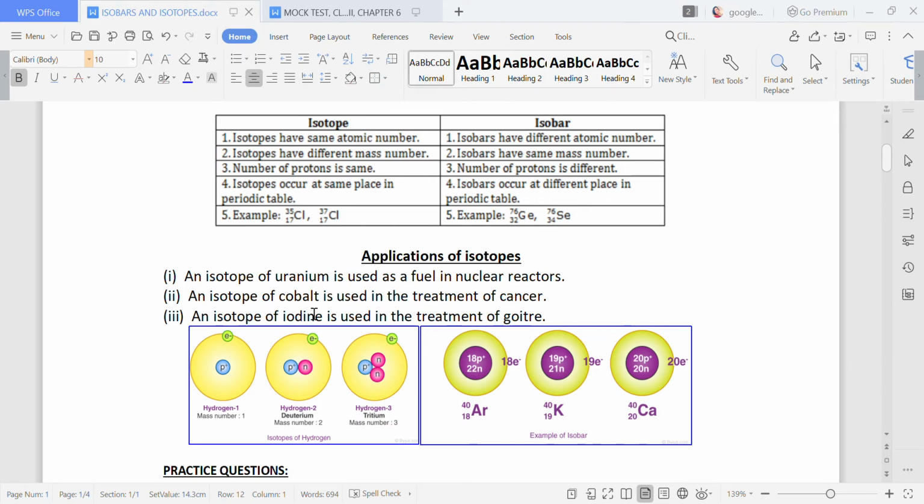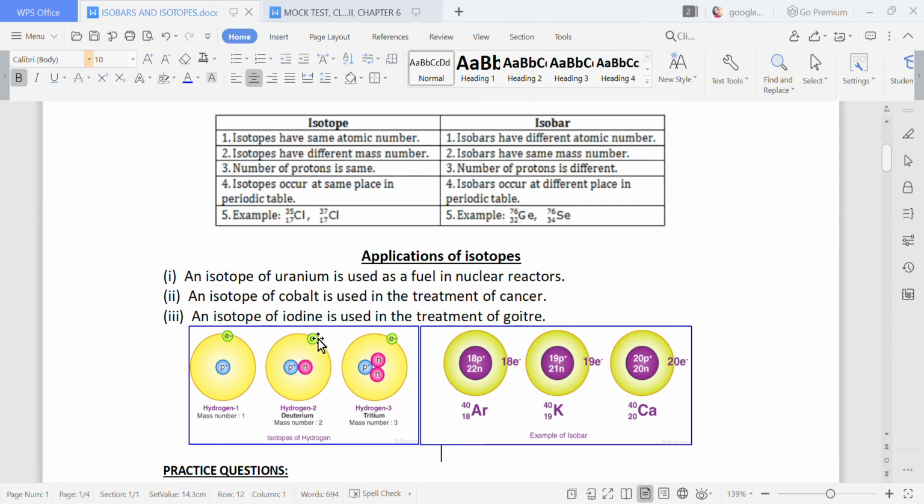Next, an isotope of cobalt is used for the treatment of cancer. And the third one is that an isotope of iodine is used in the treatment of goiter. Now goiter is a disease which is related to our thyroid gland, and this disease is actually related to the production of thyroxine, and for the production of thyroxine iodine is very much required.